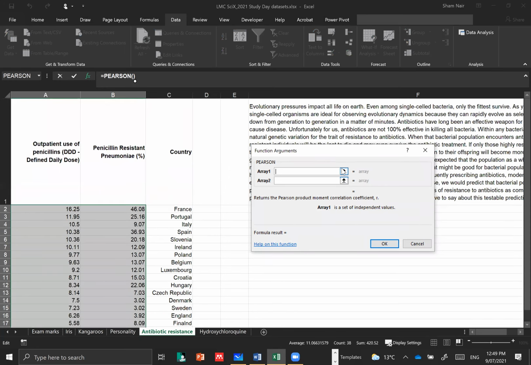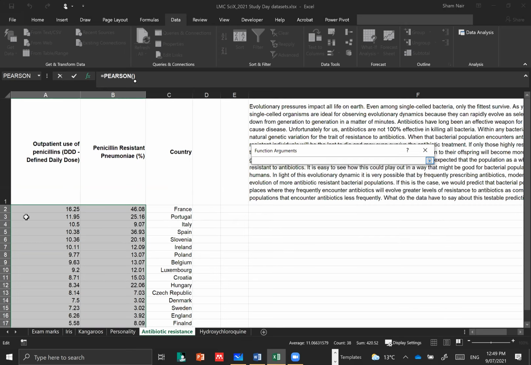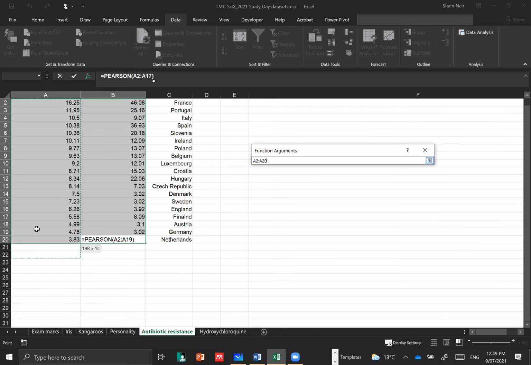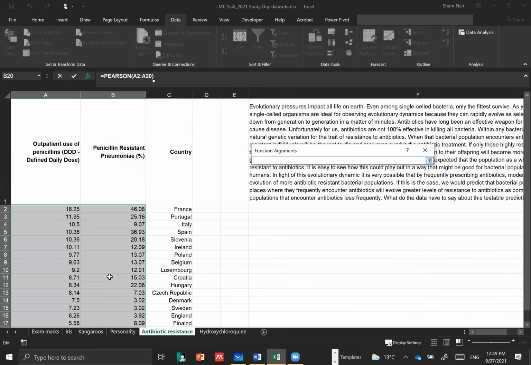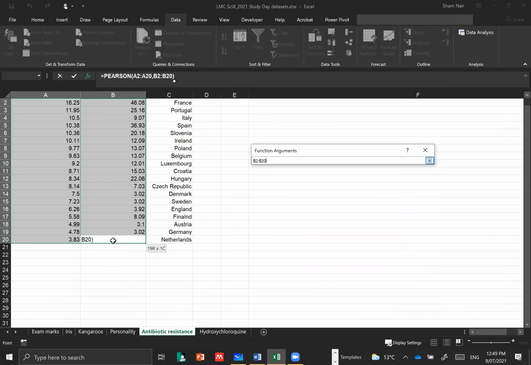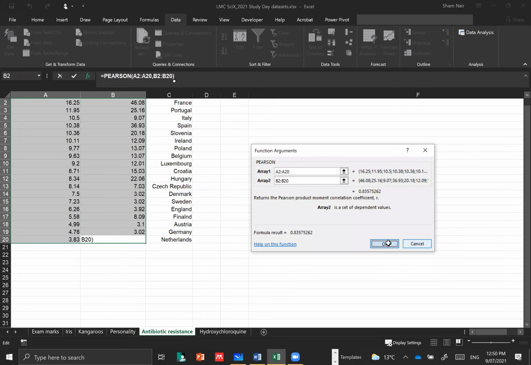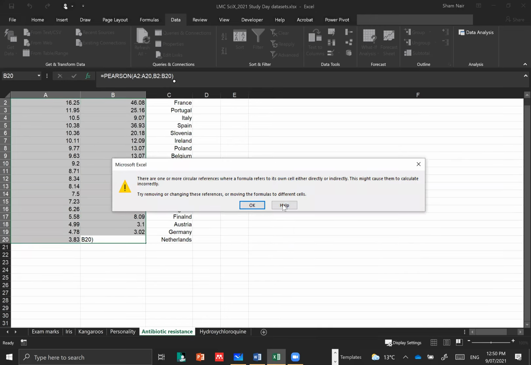So array 1, if I minimize it, and then array 2, which will be here to, I don't know what happened to that row, but anyway. Let me go back to the Excel, sorry.